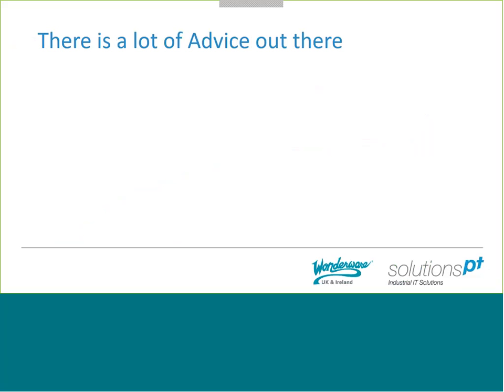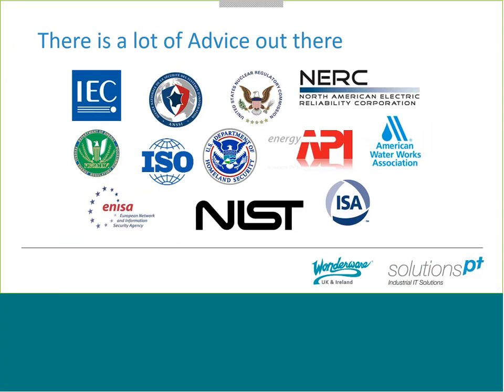So yeah, when we speak to our customers about cyber security and making architectures inherently more secure, they tell us that there's a lot of advice out there. So there's lots of directives and bits of information from different departments and what have you. Because it is a little bit confusing about where to start, and it is such an important and topical subject matter, we thought we'd elaborate on that as part of the webinar this morning.